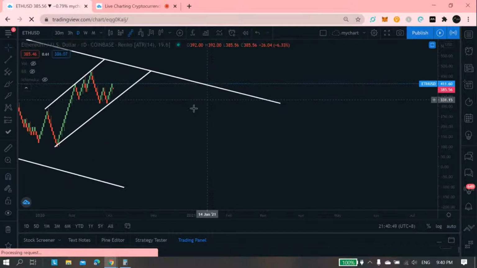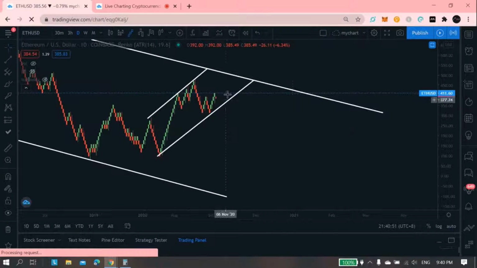But since it's forming a possible projected bearish Renko, we could see the possibility that it might retest this previous support area, worst case, this one, around the 350 area. If it breaks this area, possibly it will retest around the 315 area.